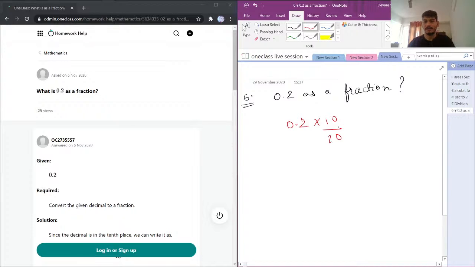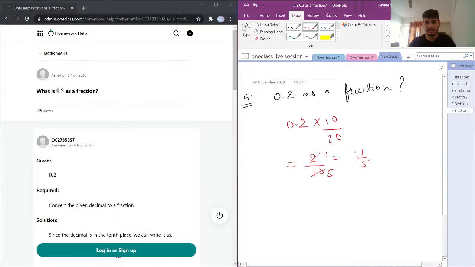If I had, suppose, 0.002, then I would have done 1 2 3, 1 2 3 and 1 2 3 to take it out from the decimal. But we have only one decimal place, 0.2 into 10 by 10, which will be equal to 2 by 10.